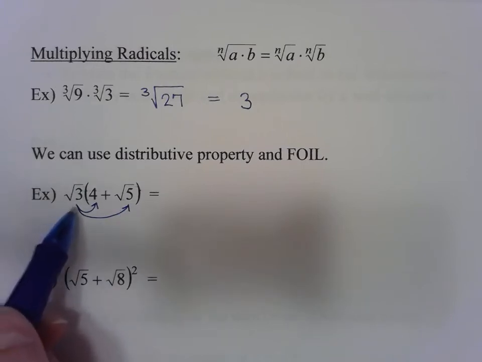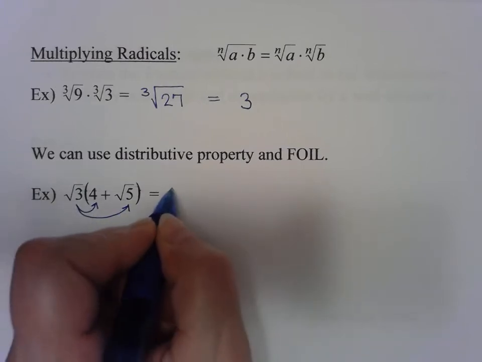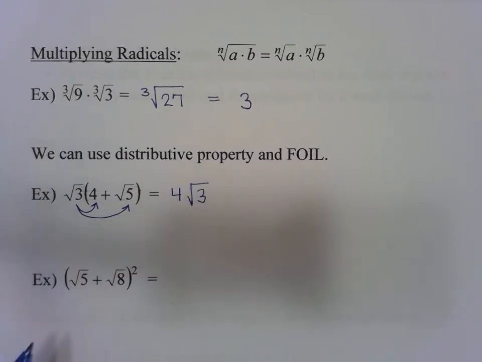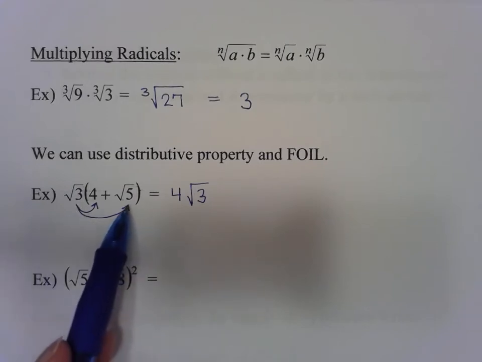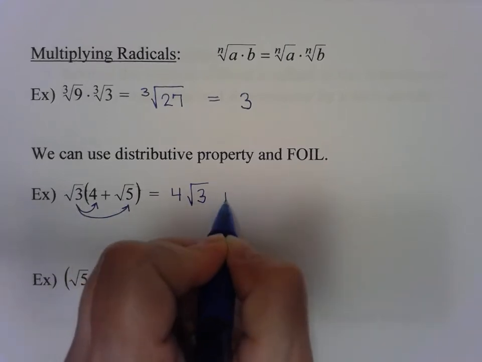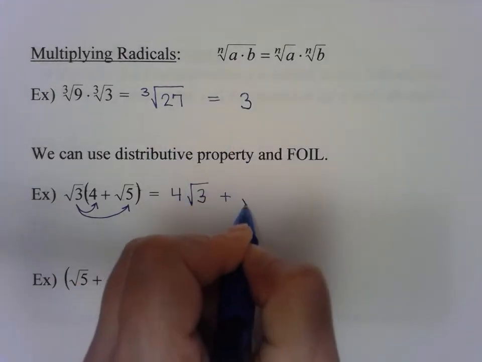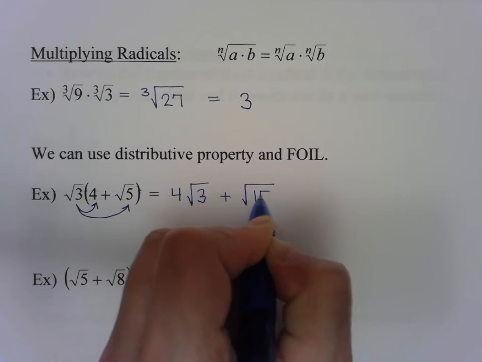So when I multiply the square root of 3 times 4, because the 4 is not inside a square root, it's going to go on the outside, in the front usually. But since the 5 is inside the square root, I'm going to use the product rule to combine them and make this into the square root of 15.